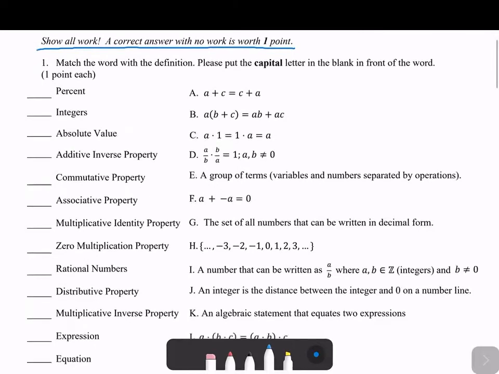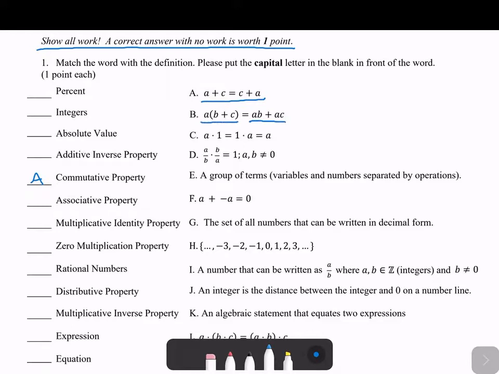So we've seen these on the previous exams. So I'm going to go ahead and just start off with the letter side and fill in the other one. So the first one says that A plus C is C plus A. So this says that we can switch the order in which we add things, and that's the commutative property. The second one says that if we multiply and then add, it's the same thing as multiplying twice and then adding.